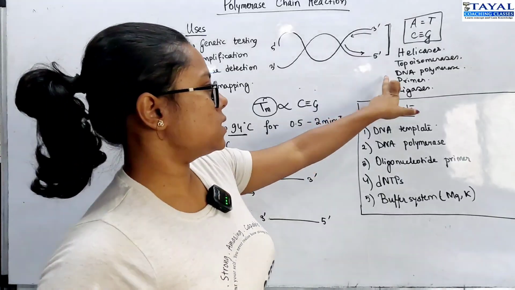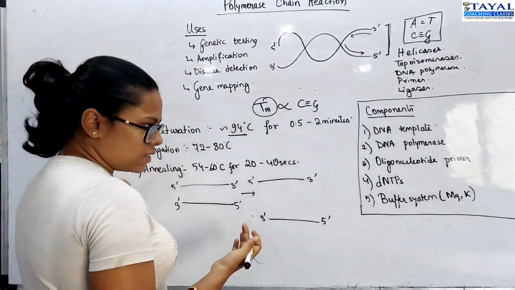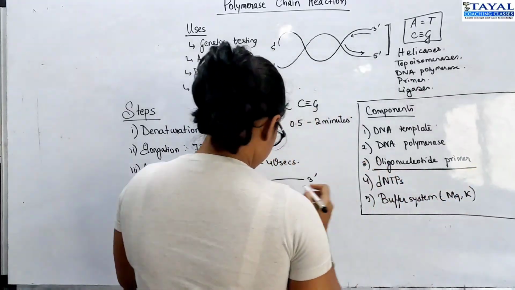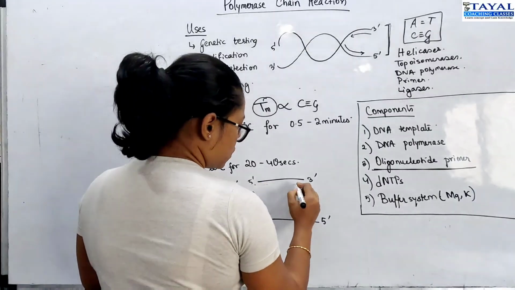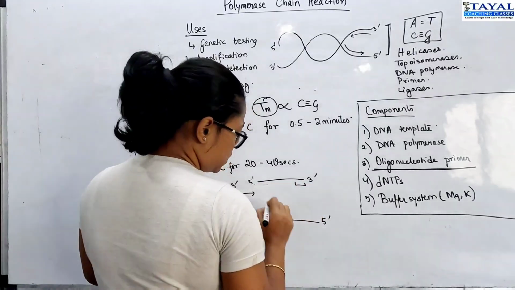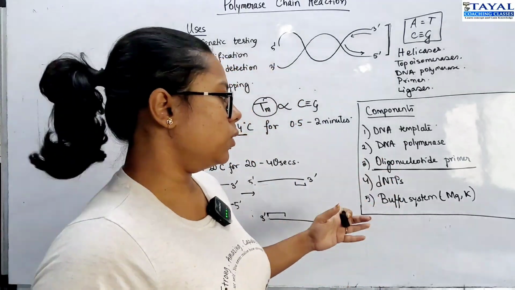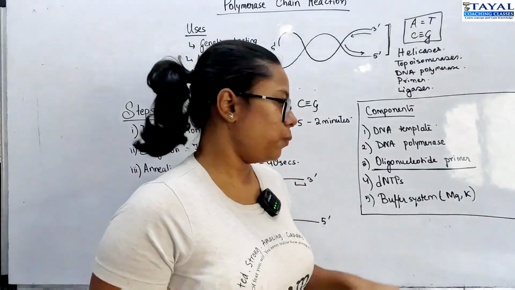Now next, what we need are primers. Primers are artificially supplied in this case. So you will obviously know the sequence of your DNA segment, the initial 10 base pair sequence. So you will make a primer, an oligonucleotide primer, which you will supply in your medium.